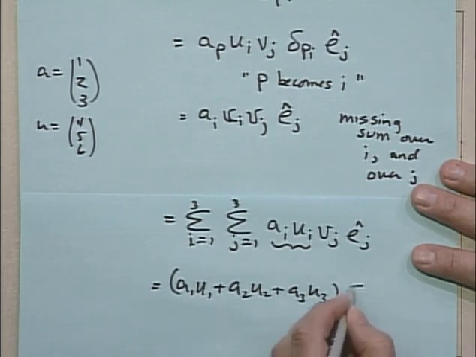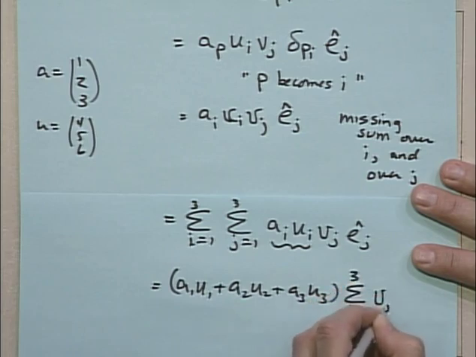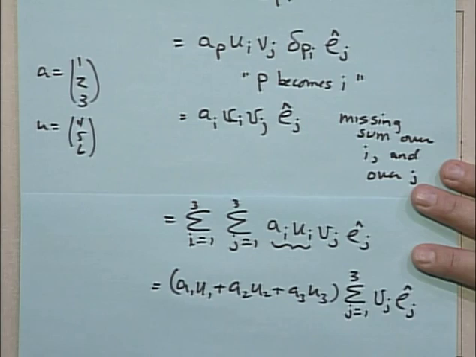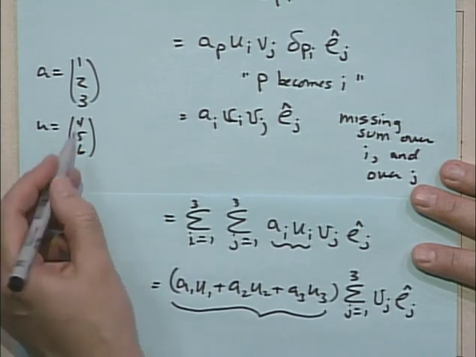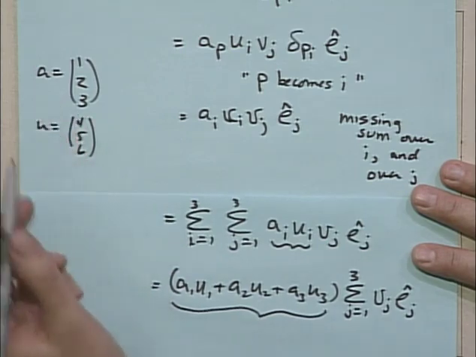And then we're still left with the summation j equals 1 to 3 of vj ej. That looks an awful lot like a vector, right? In fact, that's the original v vector. It's completely unchanged, except it's now been stretched by this number, which is 18 plus 10 plus 4, 32.